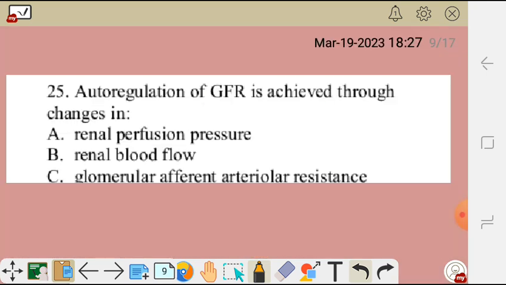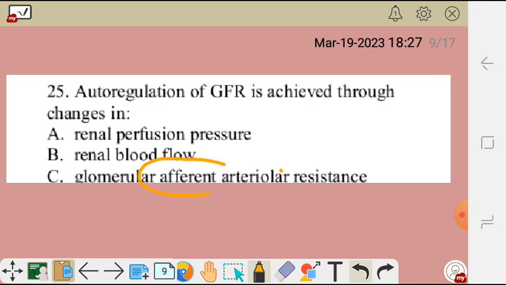Question 25. Autoregulation of GFR is achieved through changes in A. Renal perfusion pressure, B. Renal blood flow, C. Glomerular afferent arteriolar resistance. So the correct answer for question 25 is C. GFR is regulated by glomerular afferent arteriolar resistance and efferent resistance.